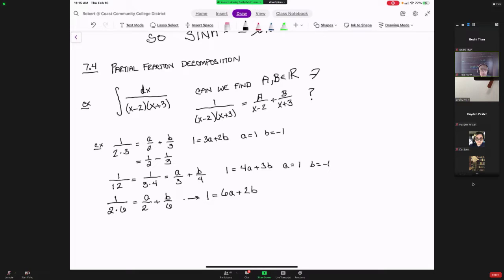Okay, now we're trying to find integer solutions to this, right? A and B. Anybody want to venture a stab as to why you can't find an A and B to make this work? You're going to see as soon as I write it down, you're going to go, oh, okay.